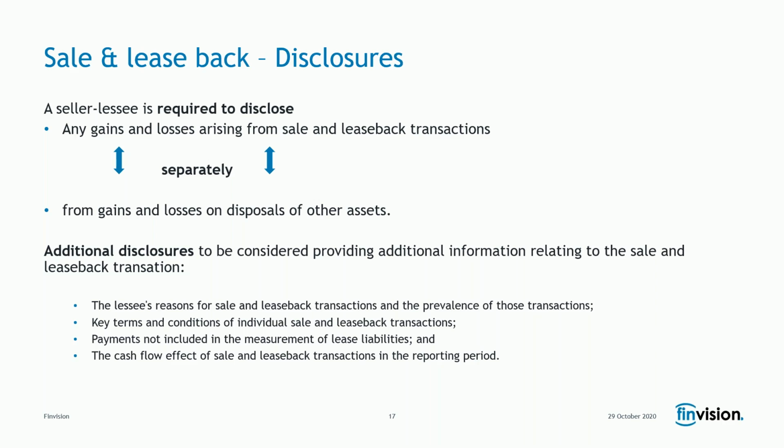Next to that, additional disclosure should be considered, providing further information, and it will all depend obviously on the importance and the materiality of the transaction. Those are the reasons why the sale and leaseback took place, key terms and conditions, payments not included in the measurement of the lease liability, and the cash flow effect, which is also an important part.